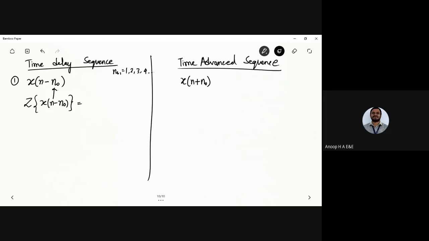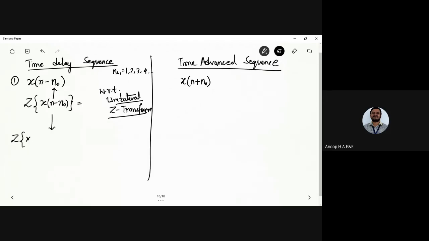You have to apply the time shifting property with respect to the unilateral Z transform. So Z of x of n minus n naught. In case of the shifting property, while solving any difference equation, it is applied for a unilateral Z transform. So how are we going to deal with it?